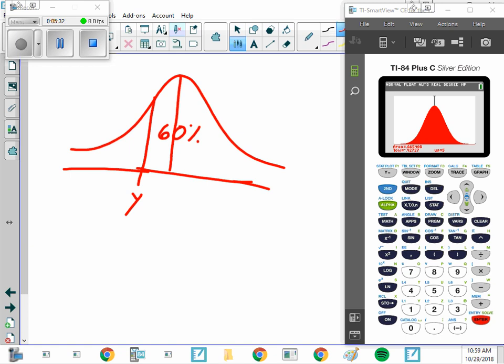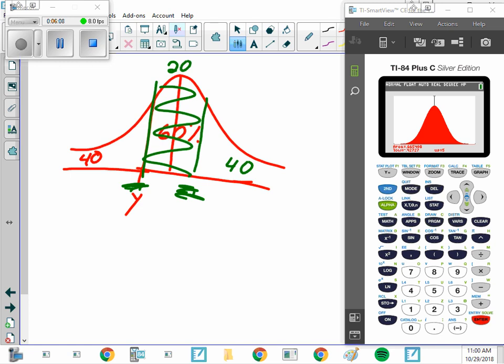Well, if the right tail is 60, then the left tail is 40. Then I do 40 on the other side, which means the center is 20, because the right side from this line over is 60%, so the left side is 40 and the right side is 40.